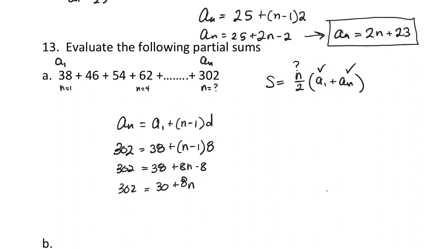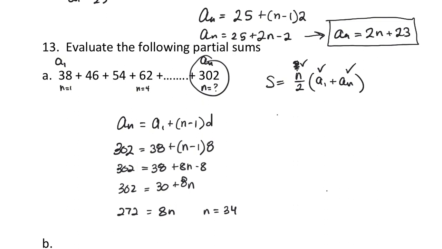Let's subtract 30 on both sides. So this would be 272 equals 8n. Divide by 8, and we get n equals 34, which means that this is the 34th term in this partial sum. So we no longer have a question mark there.